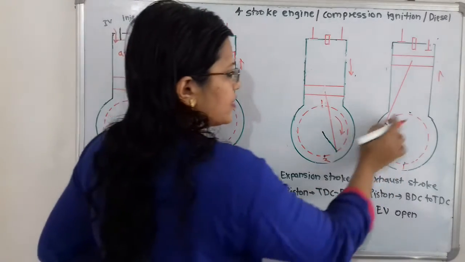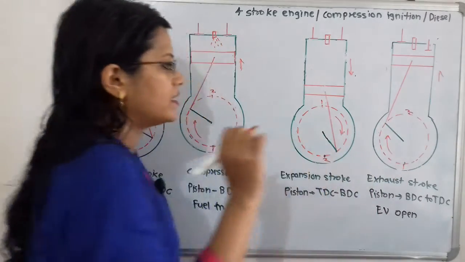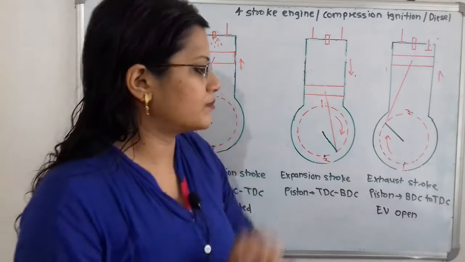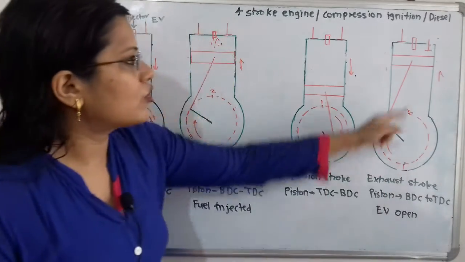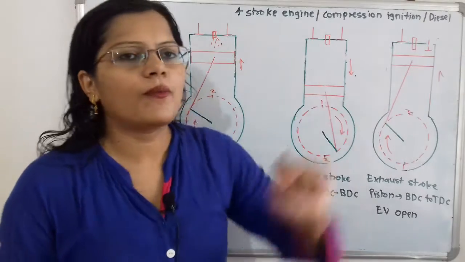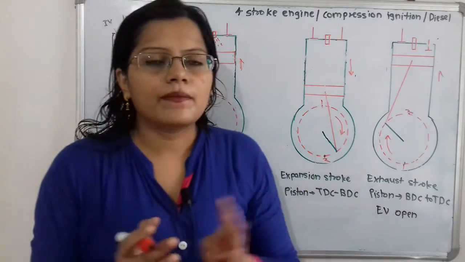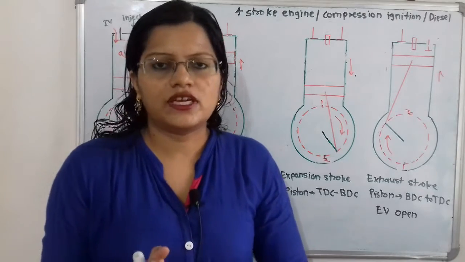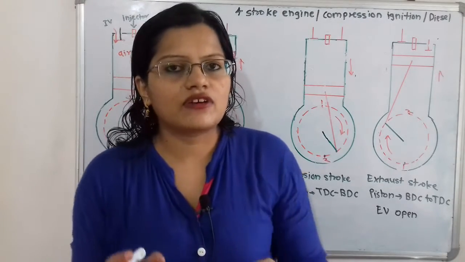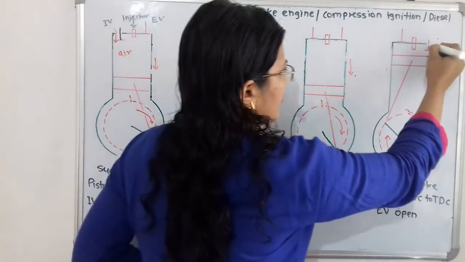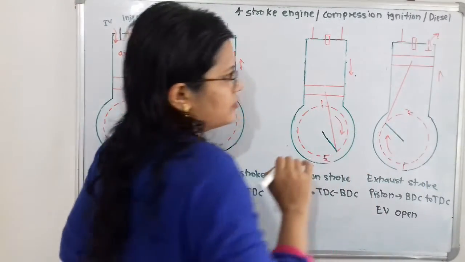The crank is rotated through 180 degrees, or half a revolution. In the exhaust stroke, the exhaust valve opens and the burnt charges, whatever the combustion products are, like gases or ash, are exhausted from the exhaust valve.